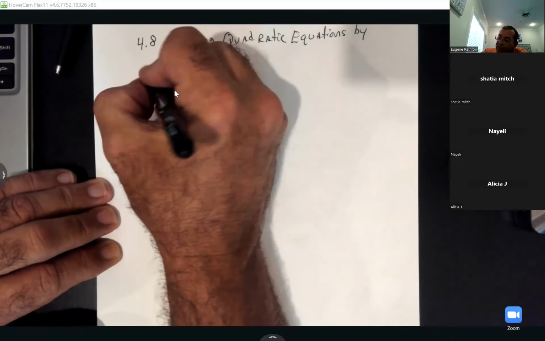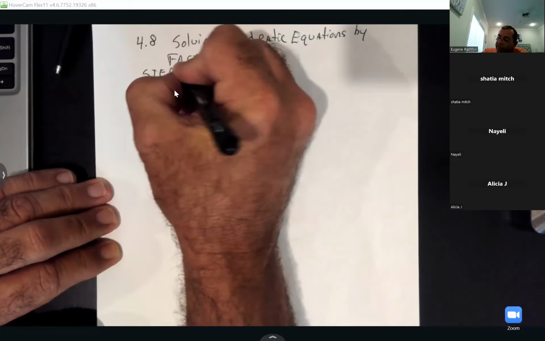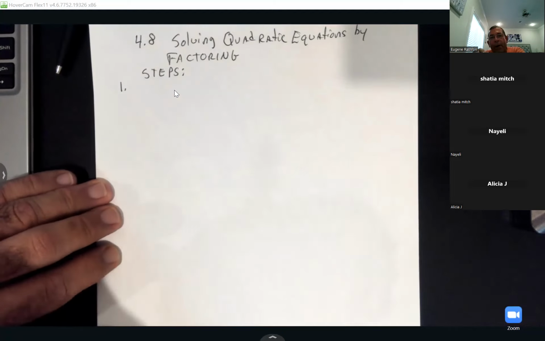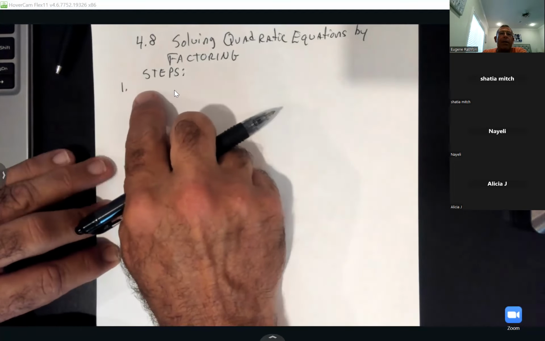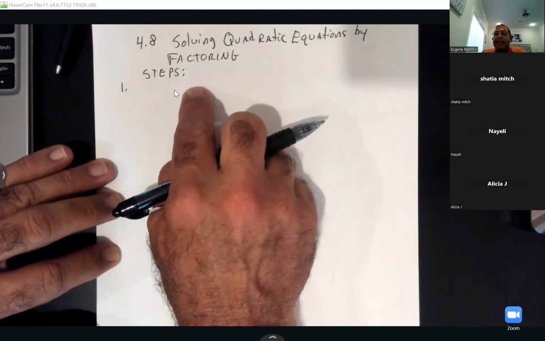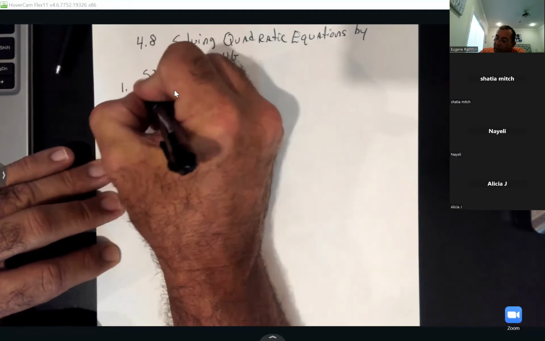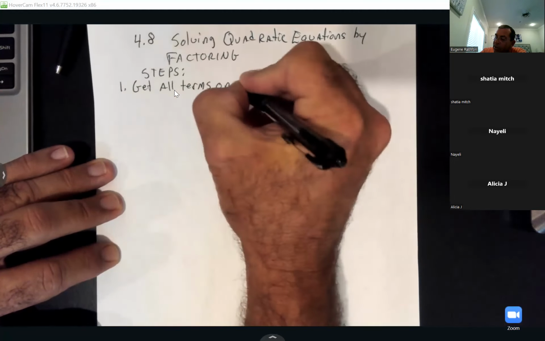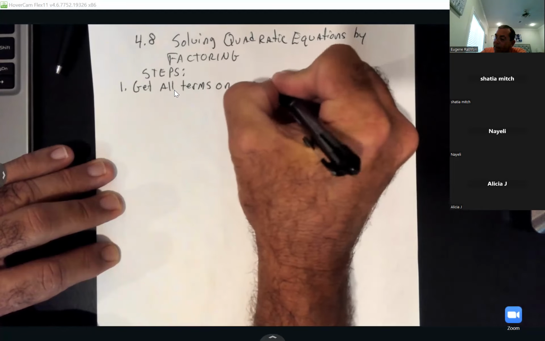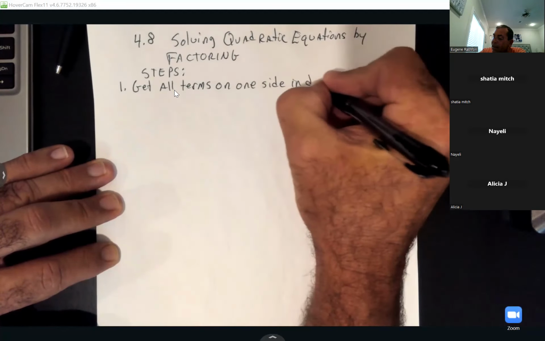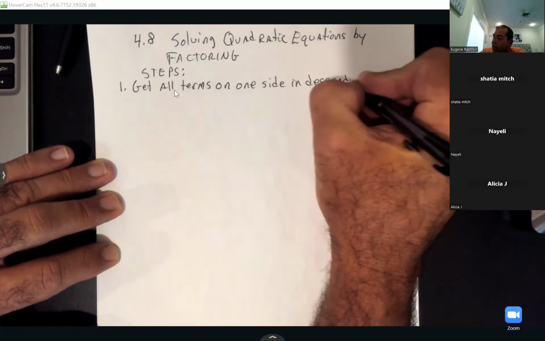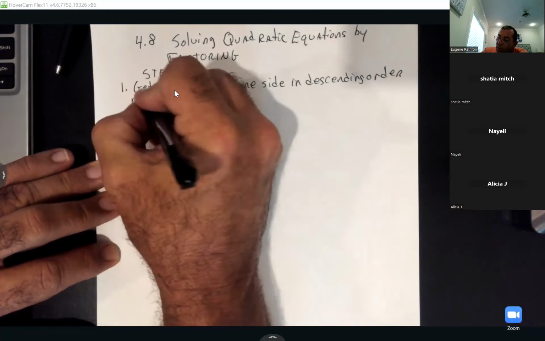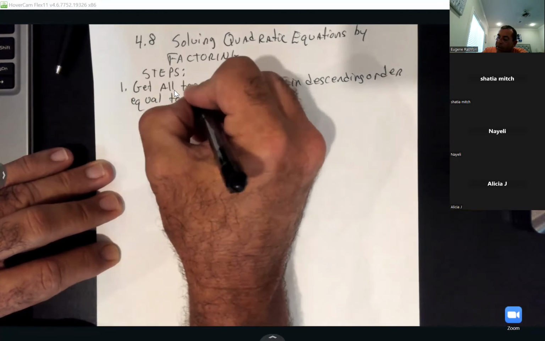So here's our steps to solving equations. Y'all, the very first thing you want to do, you want to get all terms on one side in descending order, equal to 0.